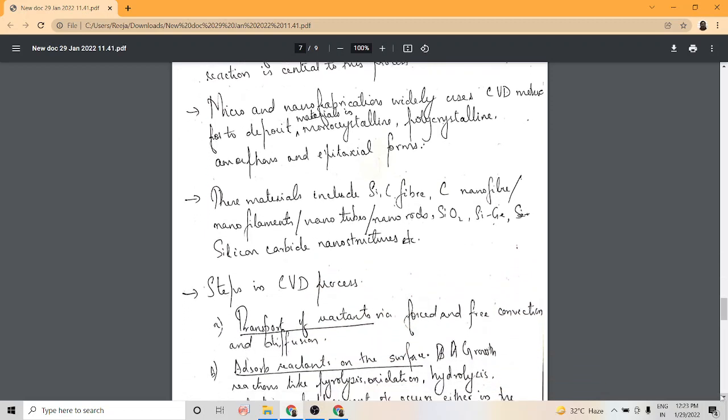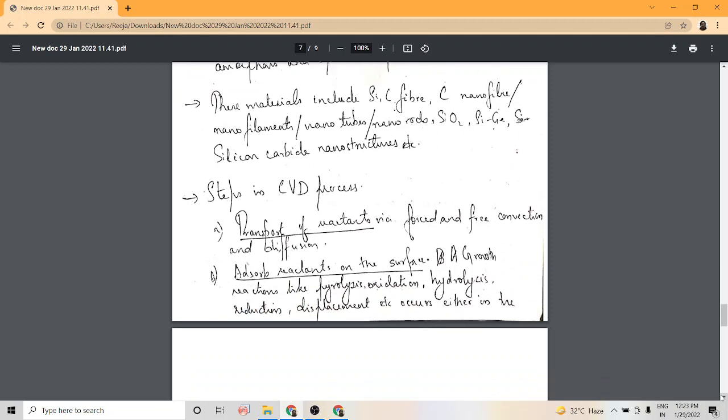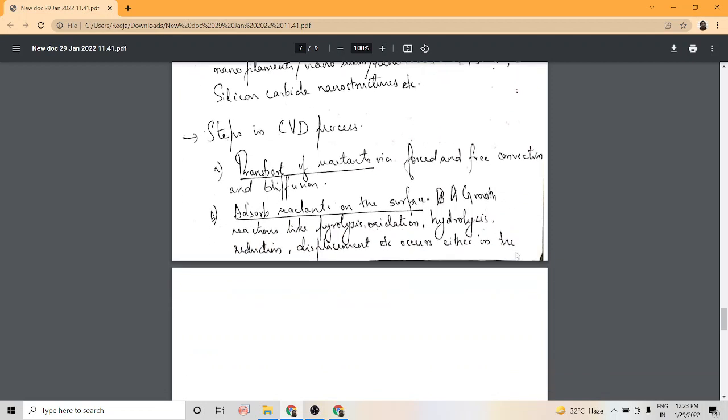Now, the steps involved in the chemical vapor deposition process include: first, transport of the reactants via forced and free convection and diffusion. By these means, the reactants enter into the chamber where the chemical vapor deposition takes place. Then, the reactants are adsorbed on the surface of the substrate.